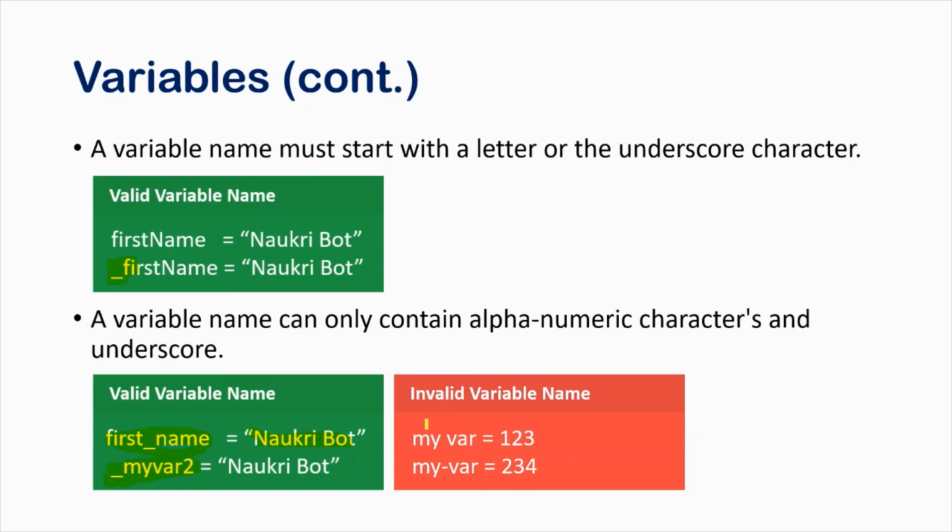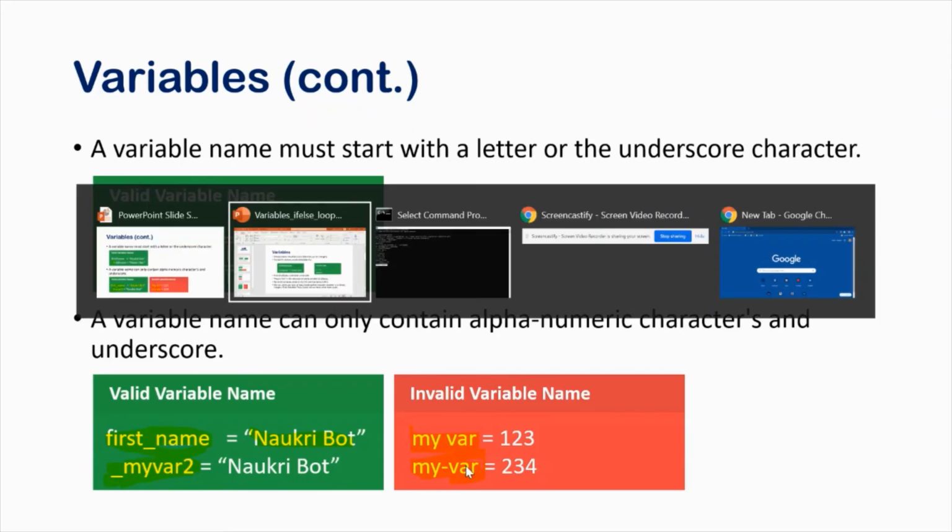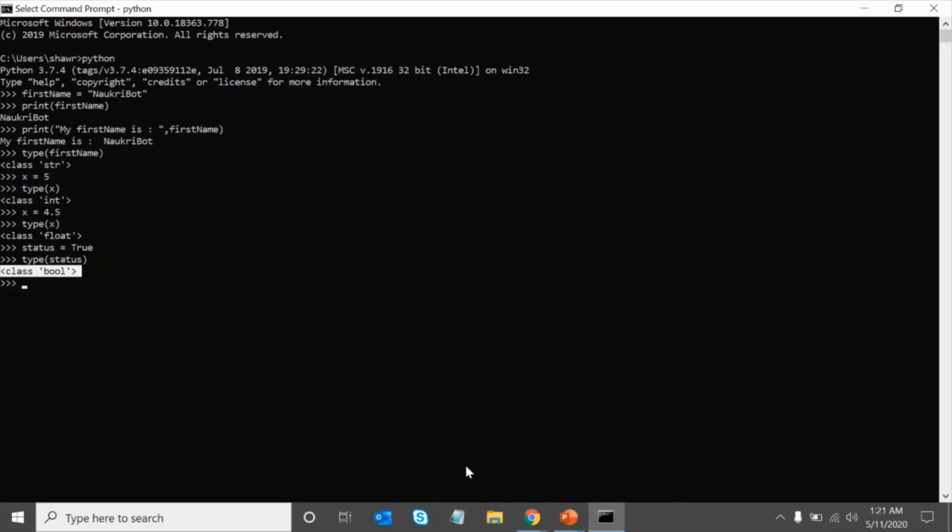But now we can see the invalid variable name, how an invalid variable name looks. Whenever we create a variable name, we should not give any space in between the variable name. If we give any space, it will throw an error. We cannot give any special characters in between the variable name except underscore. So what will happen if we give something like a space or dash symbol? We can see in the compiler, suppose I want a variable name my space var is equal to 4.